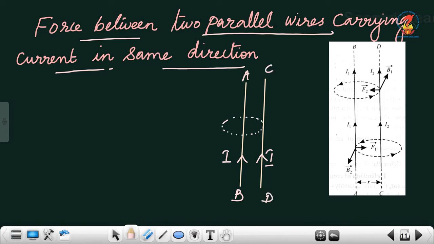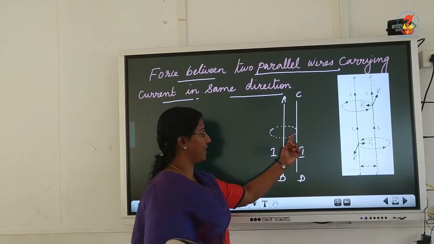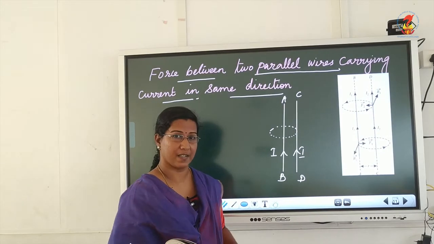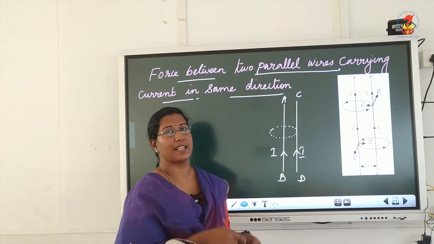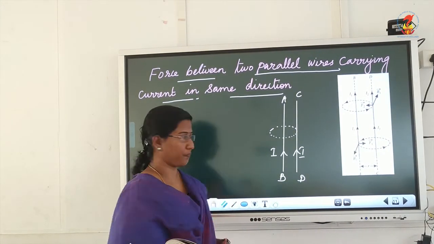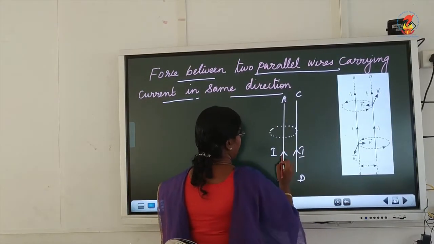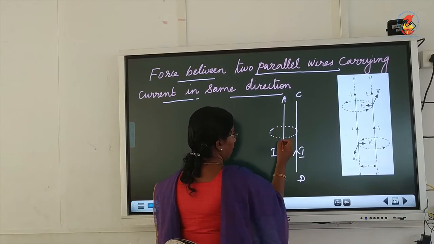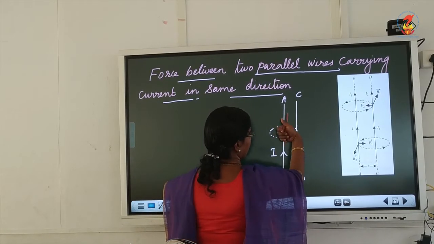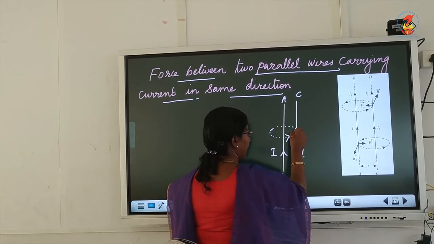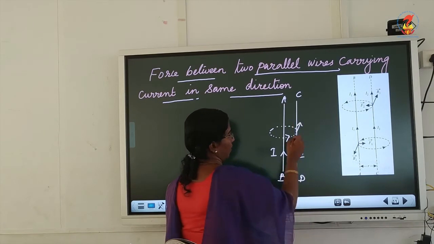Now, the second conductor CD is placed in the magnetic field of the first conductor, so it is a conductor in an external magnetic field. At this point, if I see this is my current direction, my magnetic field is like this and at this point it will be going into the board.